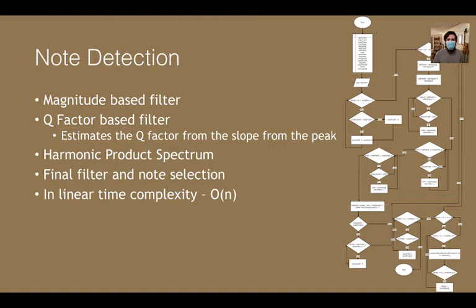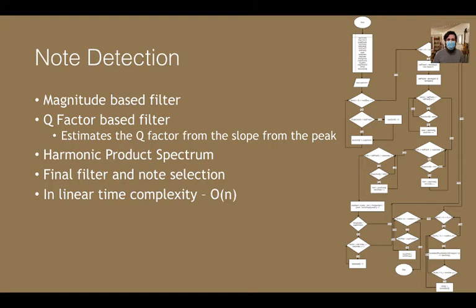So our initial design for the note detection algorithm first had the magnitude-based filter, which I mentioned earlier in our presentation, which we decided to ditch as a result of the harmonics being very low magnitude sometimes. And then we decided to get rid of the Q factor based filter as we didn't have a high enough resolution from our FFT to be able to reliably determine any sort of Q factor on the peaks from the FFT.